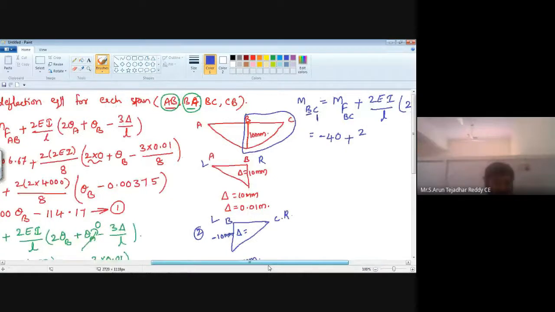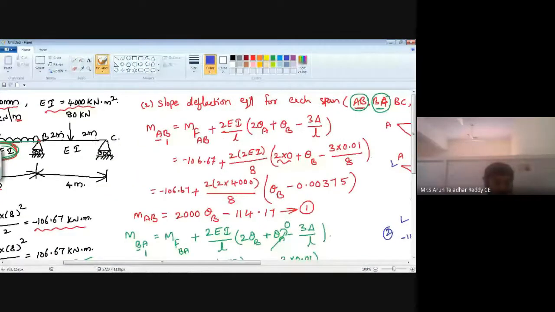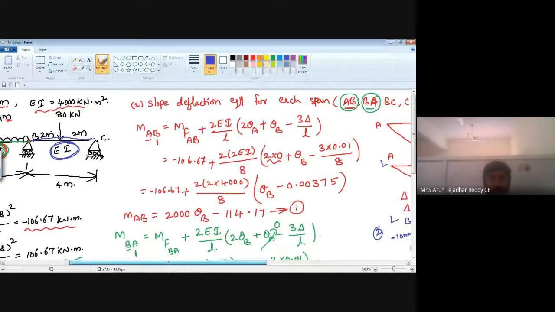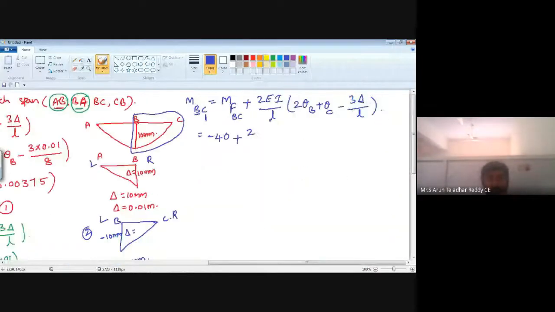See here, from B to C, EI is EI only. So here, in place of EI, we can write it as EI only, no problem. And what is the span of BC? That is 4 meter.